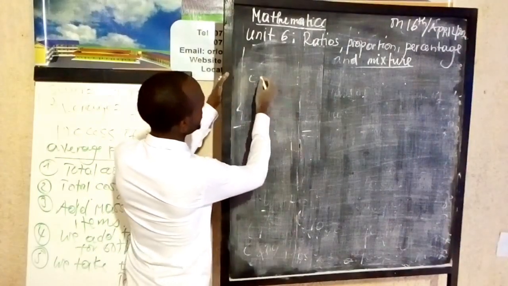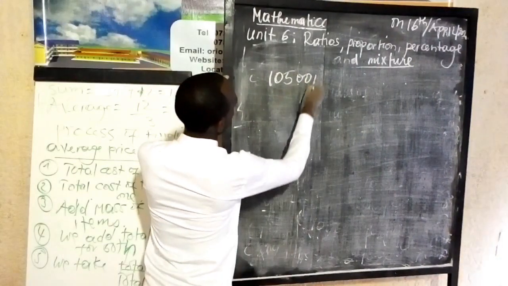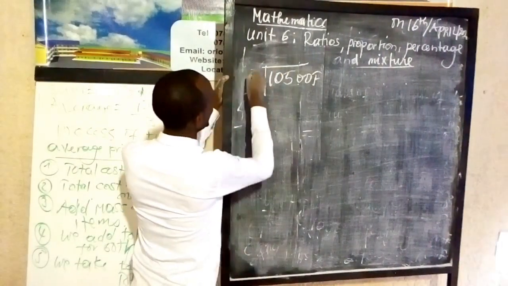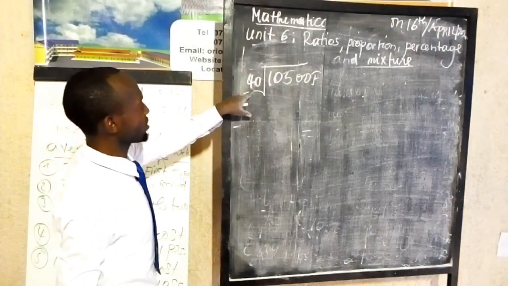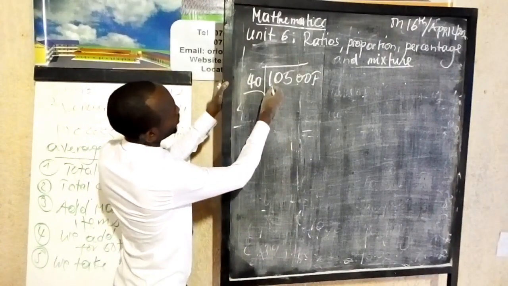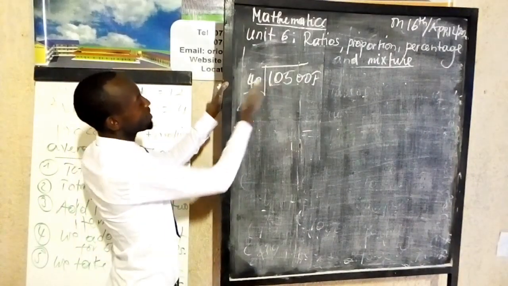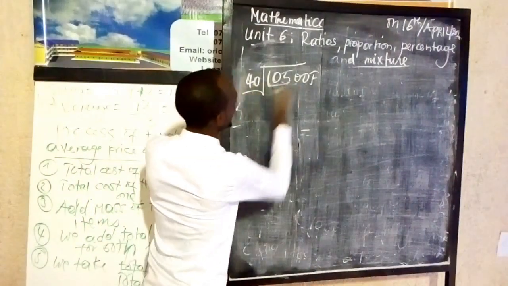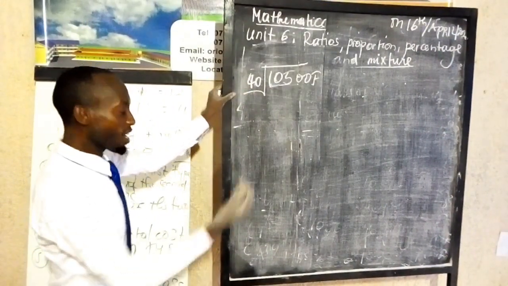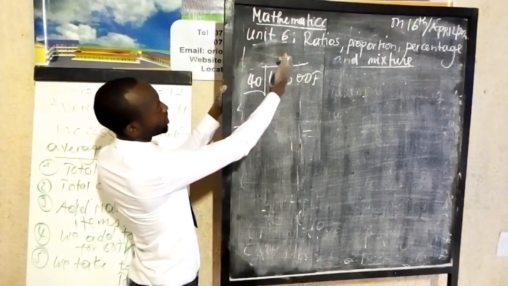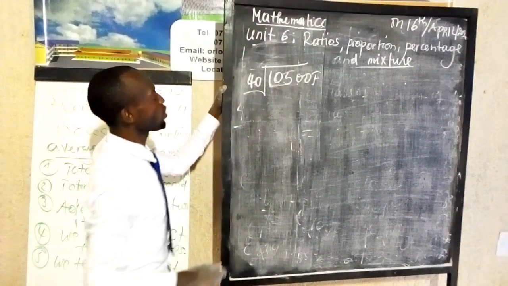We are going to make the process of division of 10,500 francs divided by 40. Here we have two numbers, and here we have to take two numbers, but 10 divided by 40 it is impossible because 10 is less than 40. So I take three numbers. 105 divided by 40. As a learner, you have to think that which number can you put here when you multiply by this 40, we get 105.